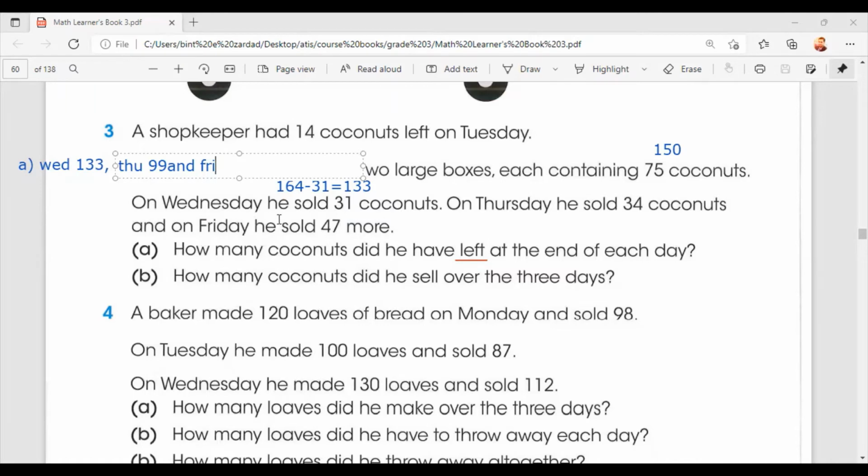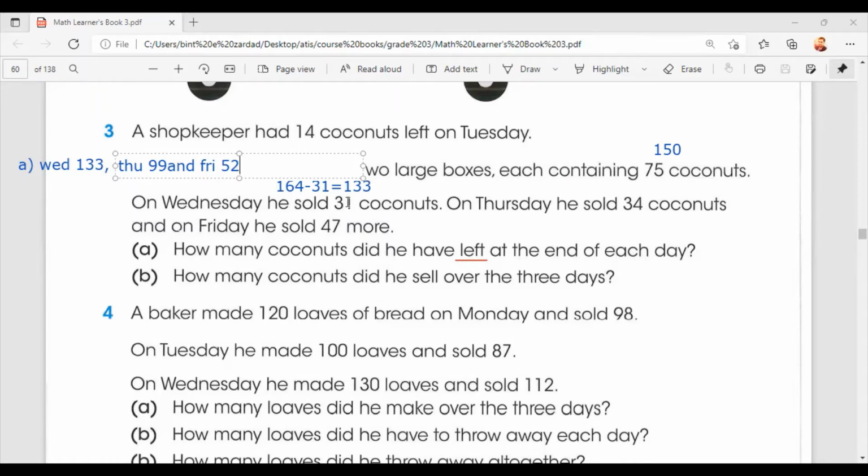He sold 47 coconuts on Friday. 99 minus 47 is 52. So 52 remaining on Friday. This is the answer for part 1. How many coconuts did he have left at the end of each day? On Wednesday 133, on Thursday 99, and on Friday 52.